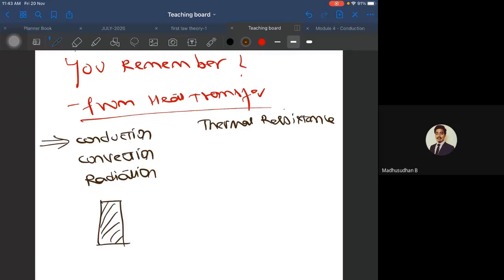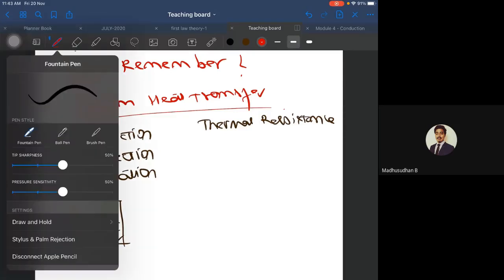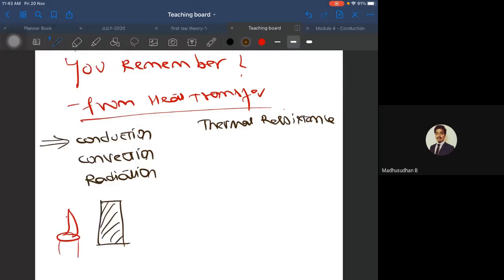On one side, you are providing heat, and the temperature is T1, equal to 100 degrees Celsius, and on the other side the temperature is 50 degrees Celsius.